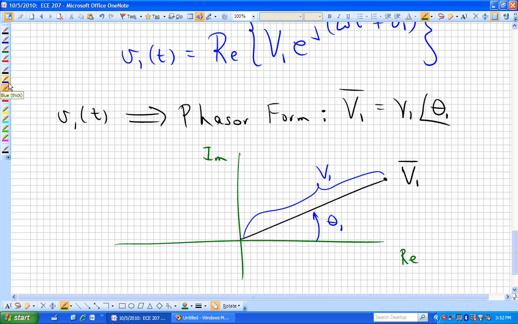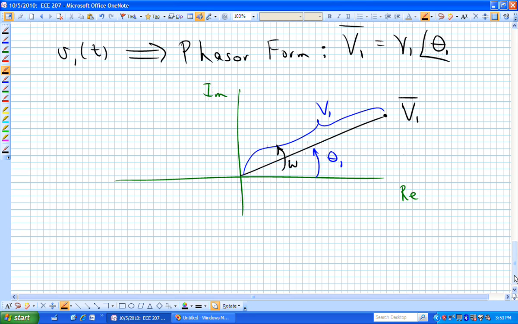This is spinning at an angular frequency of omega, and if you projected that down onto the real axis, that would give you the cosine of omega t plus theta 1, the actual value. If somebody said, why don't you show me where v sub 2 of t is, where v sub 2 of t looks like that: v sub 2 of t is equal to 3 cosine of omega t minus 30 degrees.